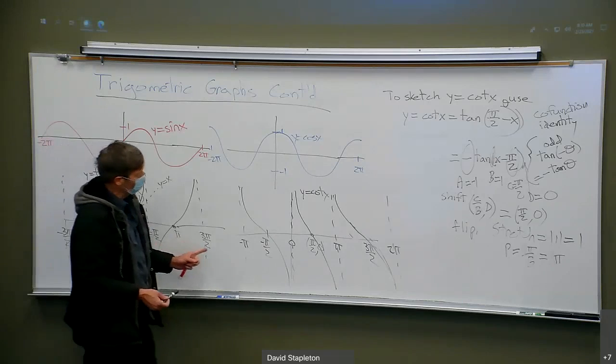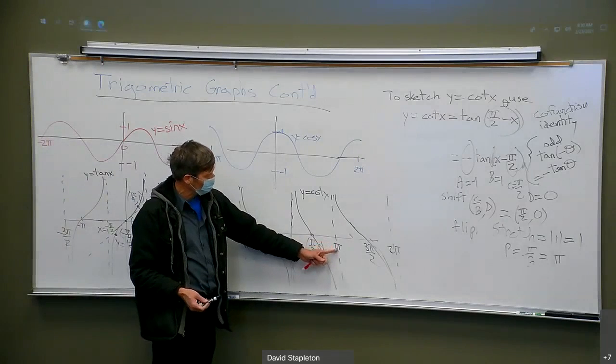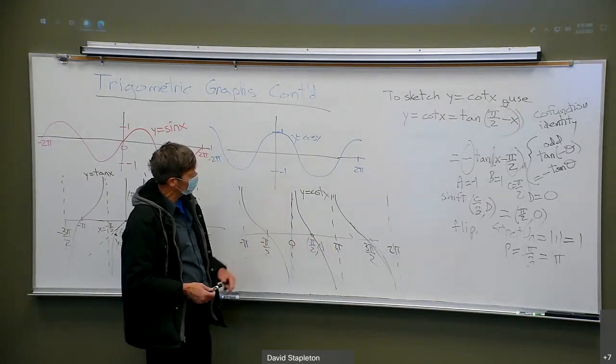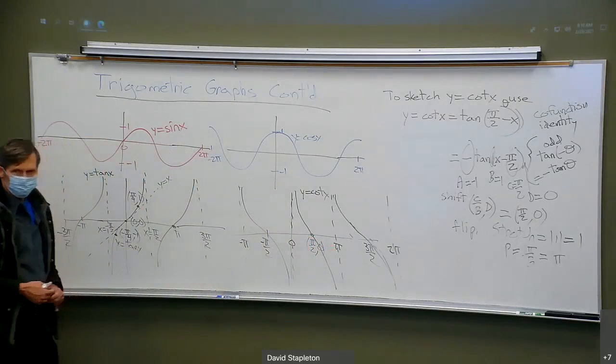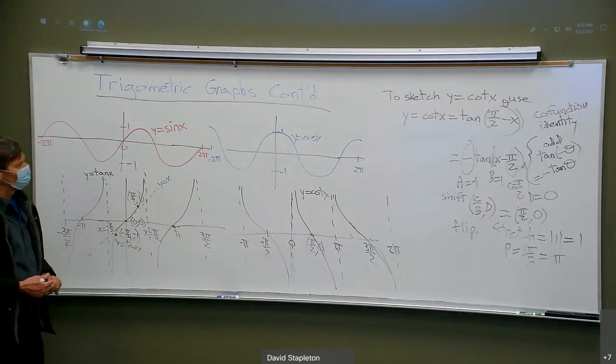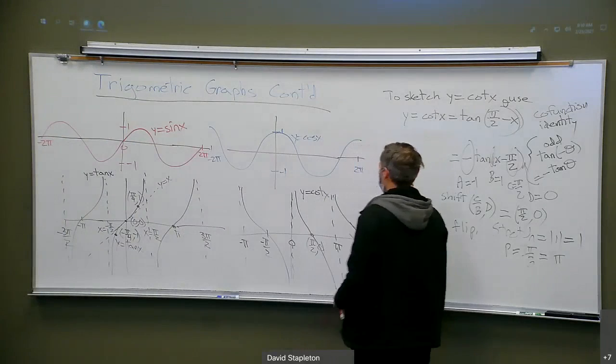But for the cotangent, the asymptotes are at whole multiples of pi, and it crosses at odd multiples of pi over 2, so it just reverses. Then it's flipped upside down. There's the cotangent graph, and now you can graph any A cotangent bx minus c plus d just by shifting and stretching this one. Any questions on that one?